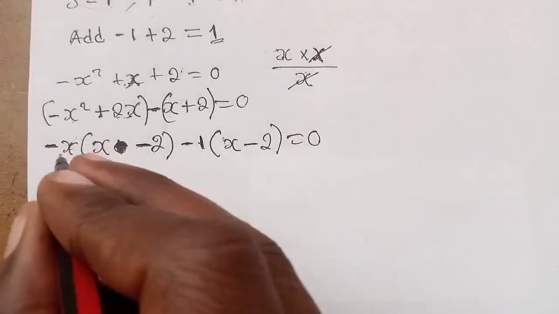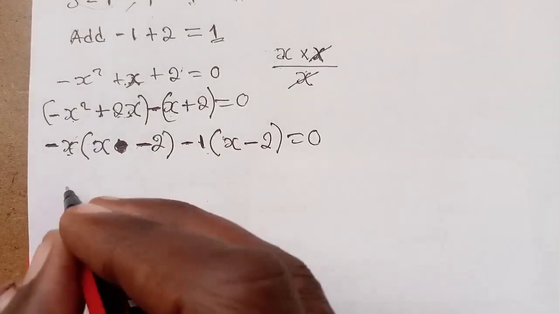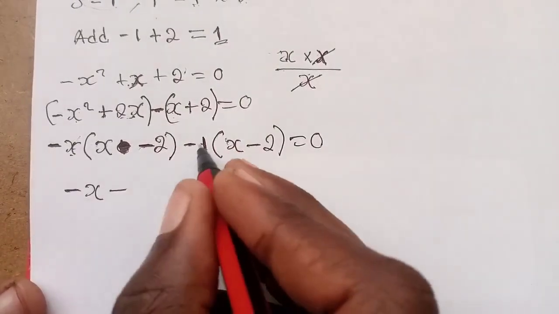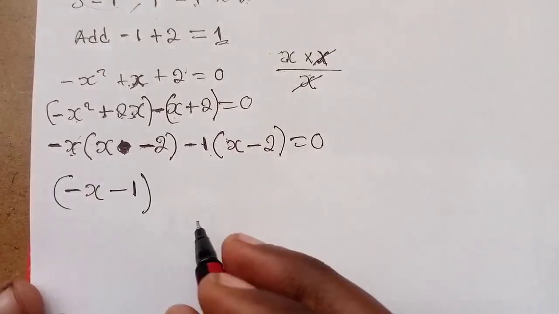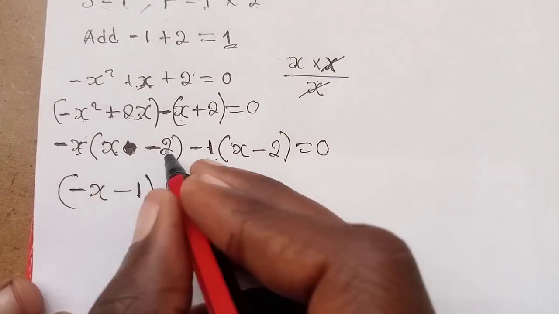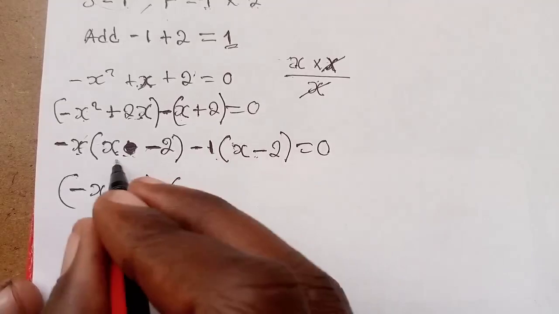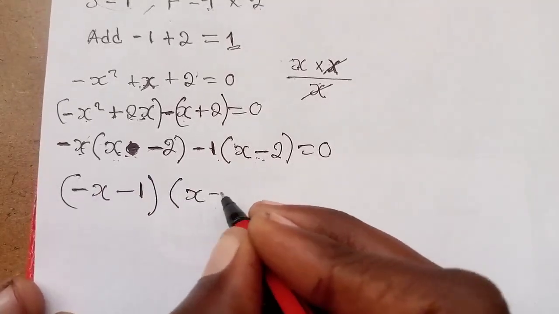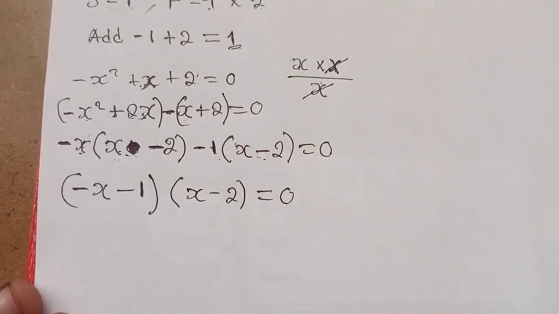Here you just get those which are outside, so it will be negative x minus 1, like that. Then you open the bracket, you get one of these. Since these ones are the same, just get 1x minus 2 is equal to 0.